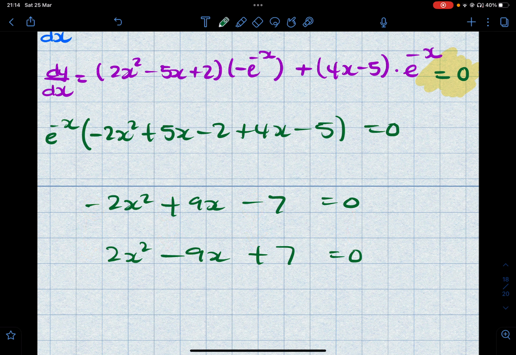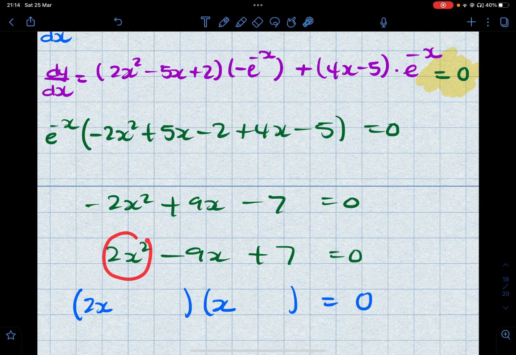Now we can try to factorize this because it's quadratic. Now 2x squared is 2x multiplied by x. Because we have a positive sign here, a negative sign here, it means that these two signs have to be the same and negative.